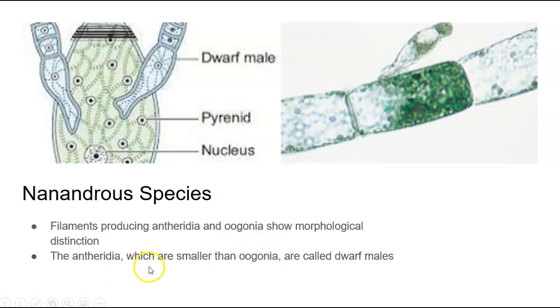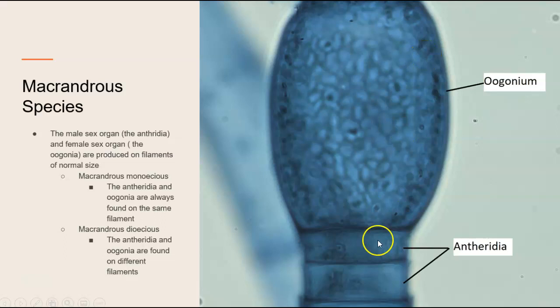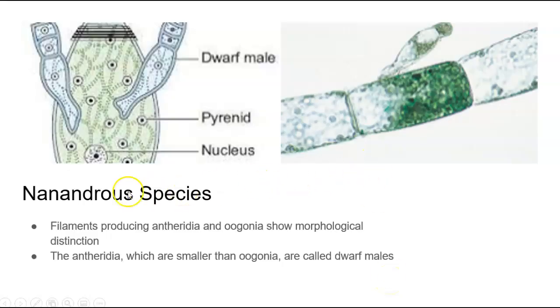Antheridia are going to be smaller than the oogonia, and they look unique. You can see it right here. They're called dwarf males. So this, of course, looks different than the antheridia you saw here with the macrandrous species. So again, this is called the nannandrous species, and it contains the dwarf males.